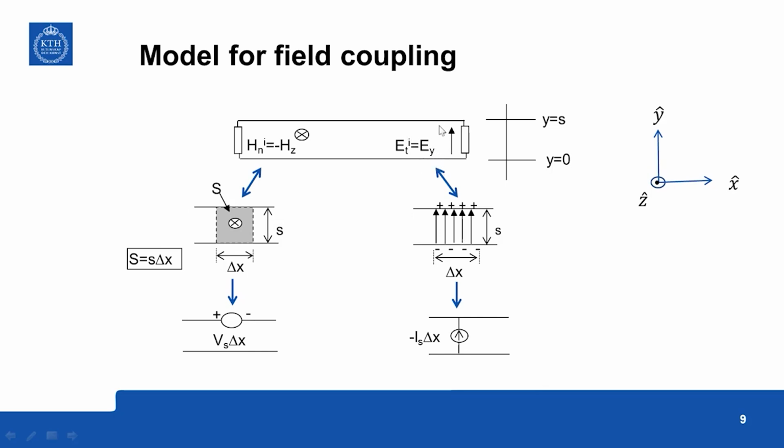These are not coupling capacitances, it is the capacitance between these two lines. So that can be converted into a current source, Is per unit length, and multiplied by delta x, you will get this elemental current source.